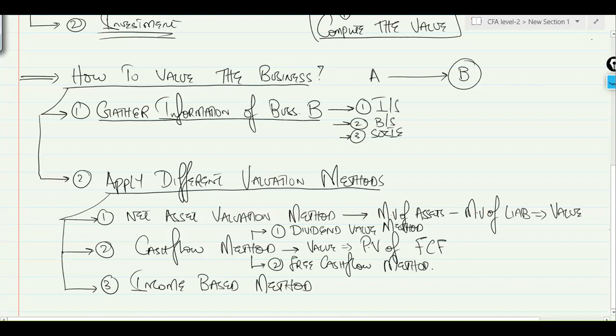Then third are the income based methods, such as price to earning ratio method, and earnings yield method.